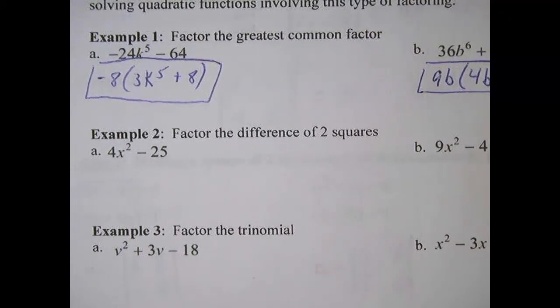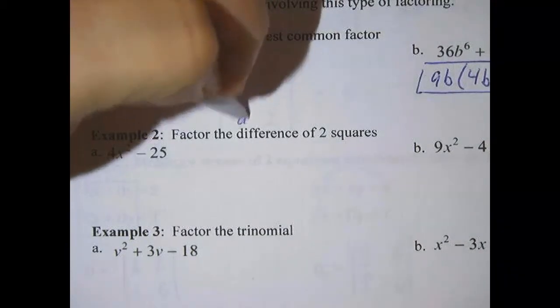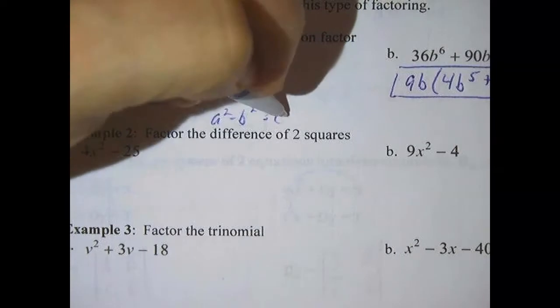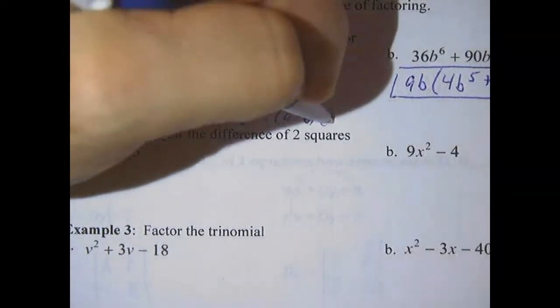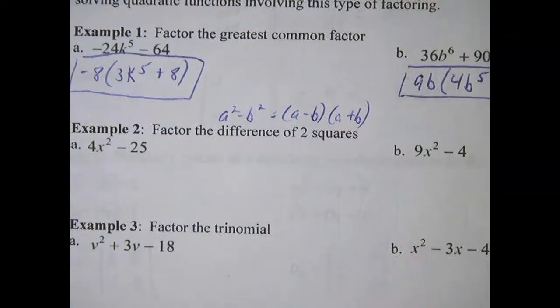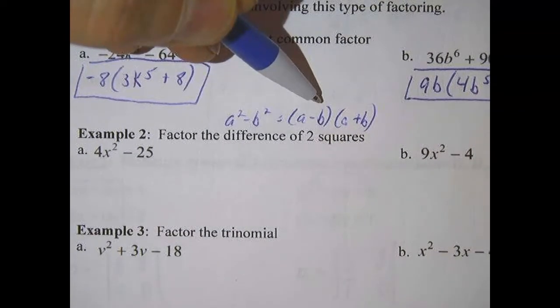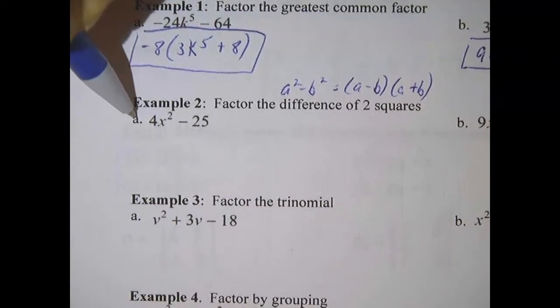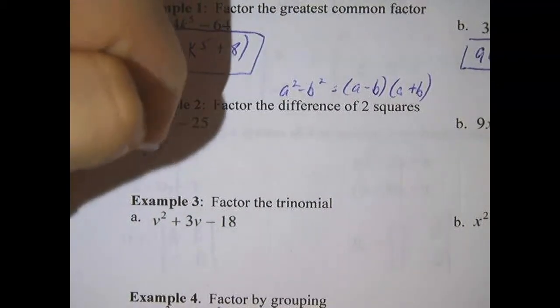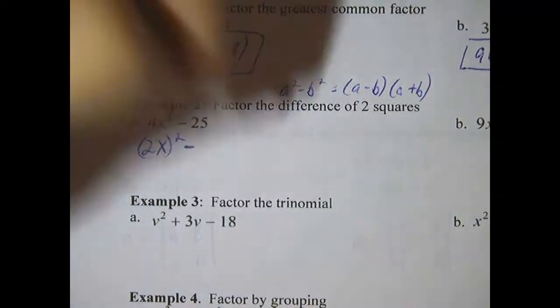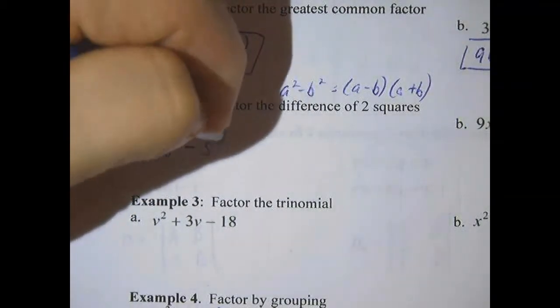Difference of 2 squares pattern, you might remember, is a squared minus b squared. If you're subtracting 2 squares, it's just going to be a minus b times a plus b. So to do this, you need to identify what's being squared before you can apply the rule. So here, what's being squared is 2x, right? I'm going to rewrite this as 2x, that's what's being squared, minus what's being squared here, which is a 5.